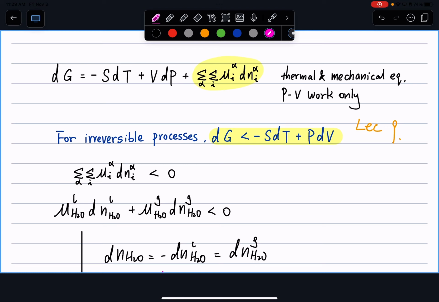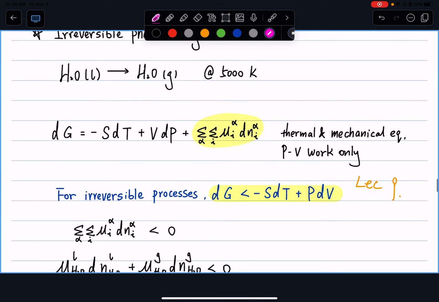So if you think about it, we're talking about vaporization. You have a cup of water, right? Let's say at the beginning you have 1 mole of liquid water and 0 mole of gas-phase water or water vapor. But along the process of this irreversible vaporization, the number of moles of your liquid water is always decreasing, right? It's vaporizing into water vapor.